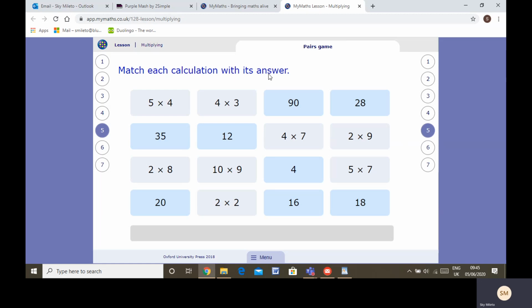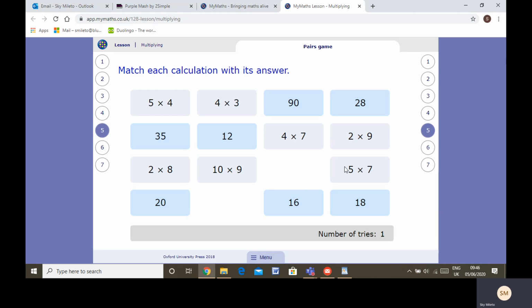So match each calculation with its answer. I'm going to start off with the easiest ones. I know 2 lots of 2 is 4. Remember, you can pause the screen and try it yourself if you want to. Sorry, I've got a bit of a tickle in my throat.